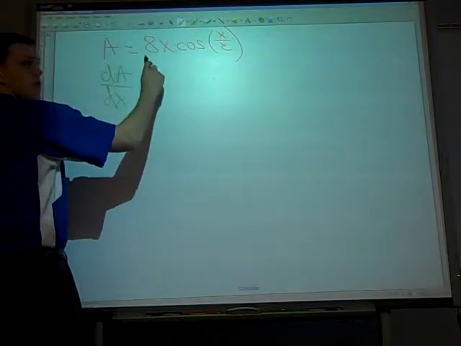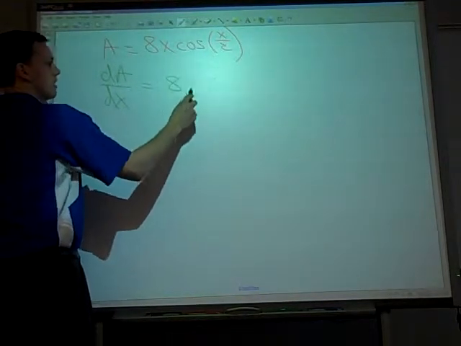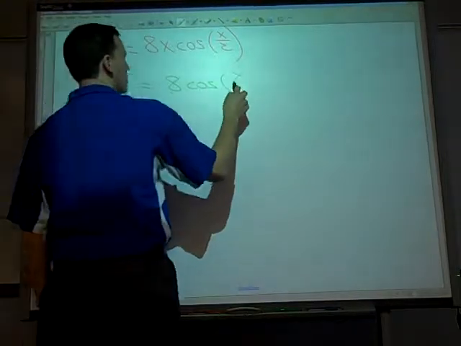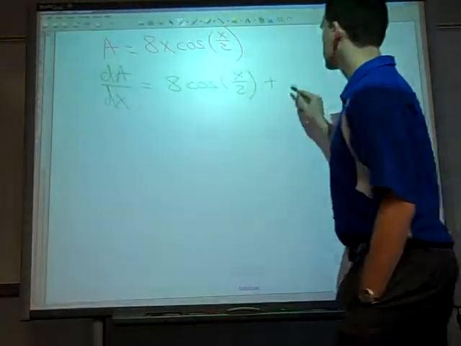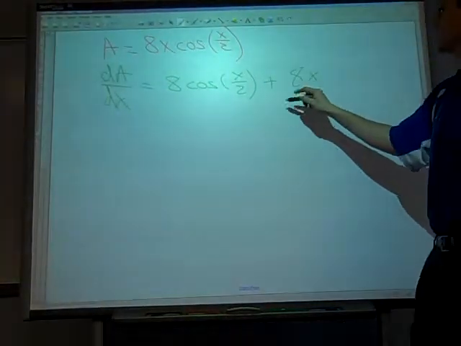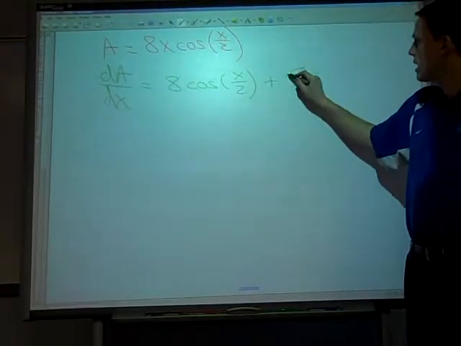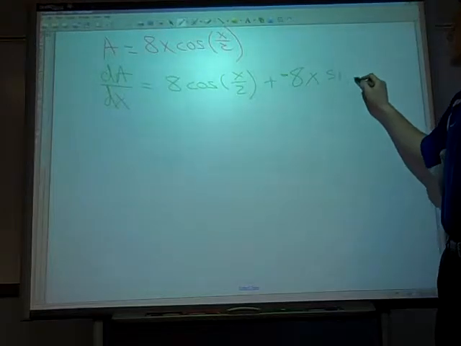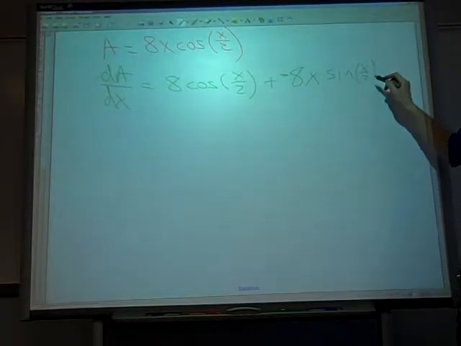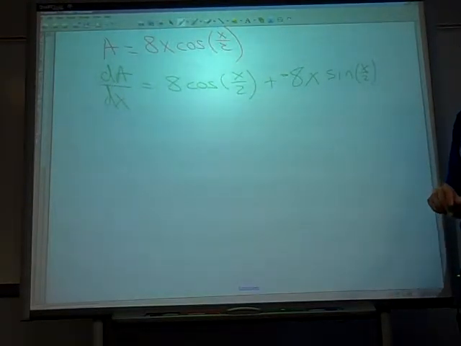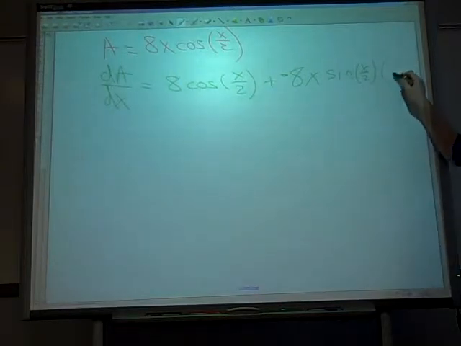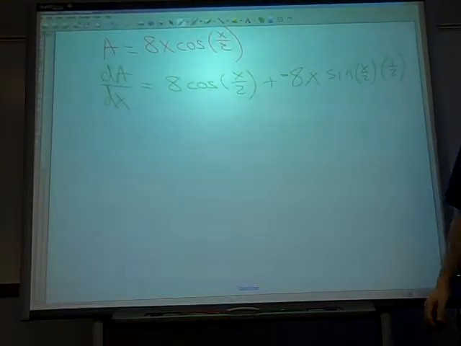So the derivative of the left, so we have 8 times the right, which is cosine of x over 2, plus the left function, 8x. The derivative of cosine is, so we'll have a negative here, the sine of x over 2, times what? Where did that 1/2 come from?